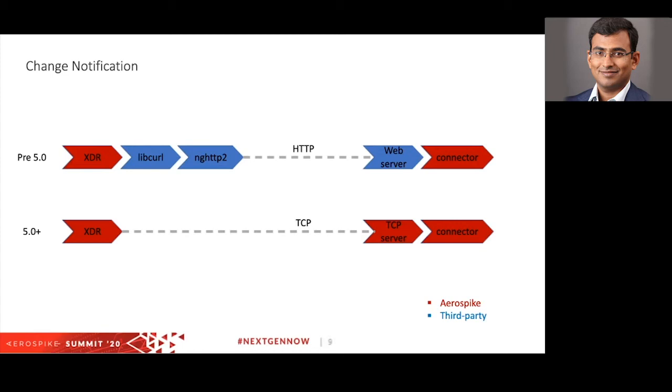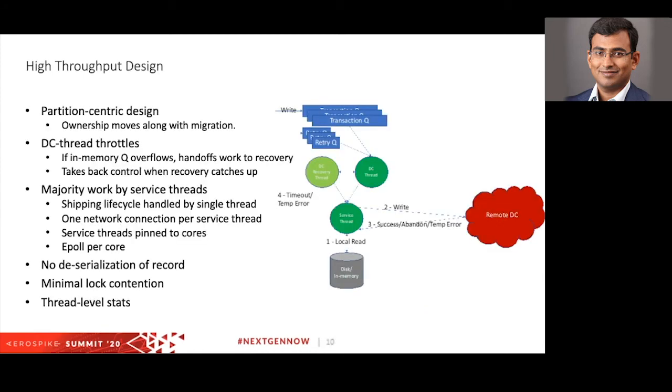XDR will directly talk to this component, and that component will in turn forward the data to Kafka, JMS, whatever it is. When everything is done by Aerospike, one thing you can be guaranteed of is very high performance. And now all the components are in our control, so we take full responsibility for the stability of these components.